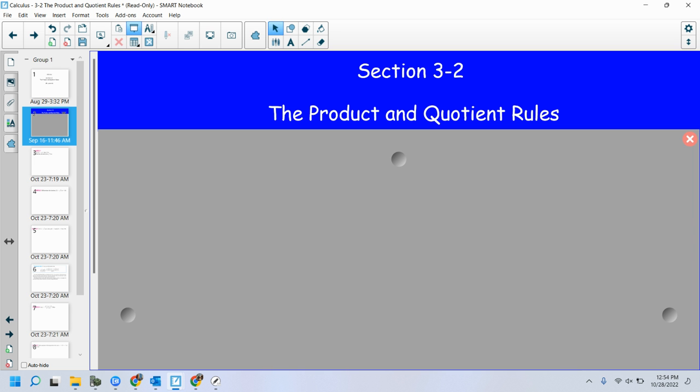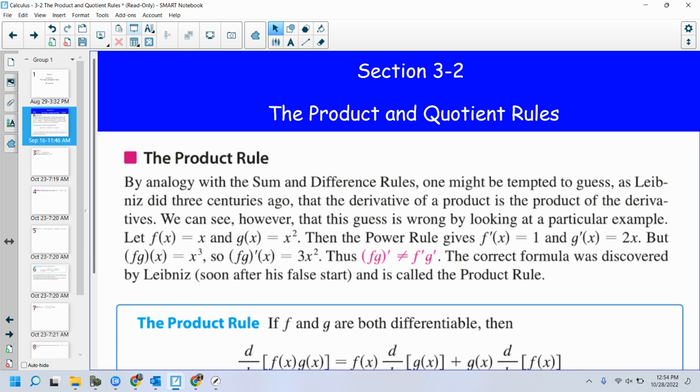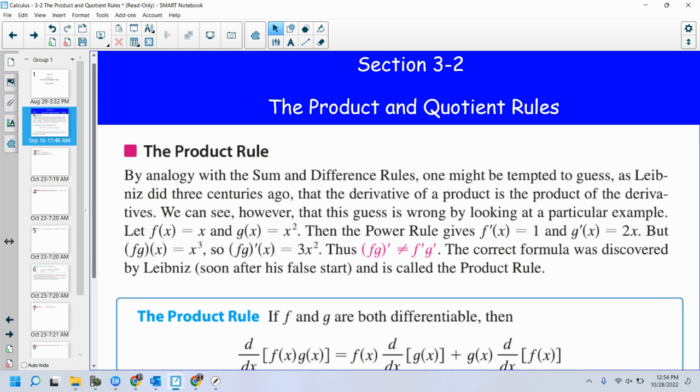Like Apple does. So what we're going to be looking at today is the product and quotient rules. We're going to be able to multiply and divide. So let's start with the product rule. It's interesting to point out that when Leibniz first started making these rules about calculus, he was the first one to talk about the sum rule and the difference rule.